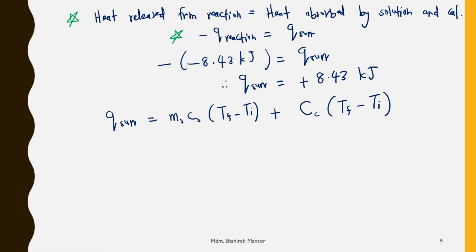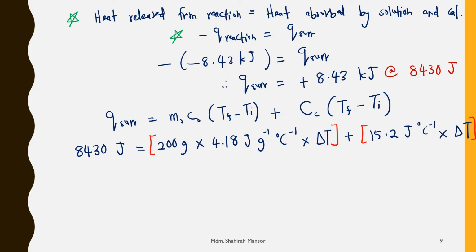Okay, so right now you boleh masukkan semua nilai di dalam this formula. Dan untuk memudahkan calculation, I akan tukarkan this unit ke dalam joule. So darab dengan 1000, that will be 8430 joule. Okay, so masukkan all the values and units di dalam this formula.